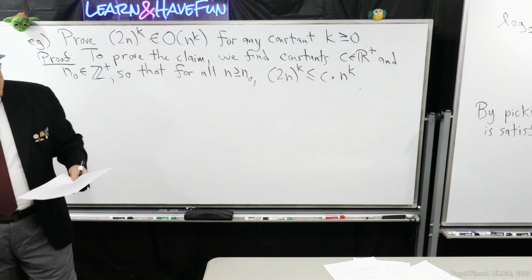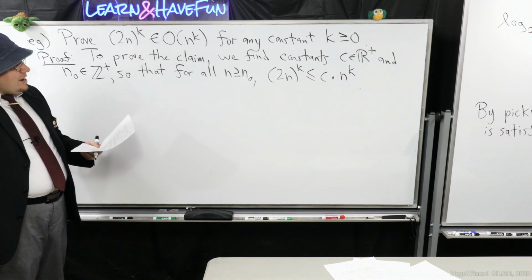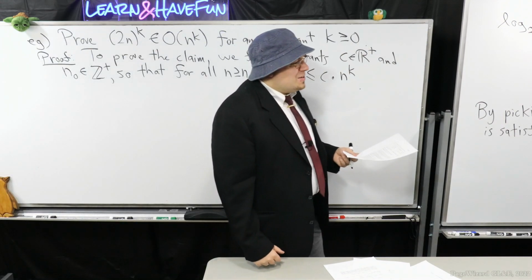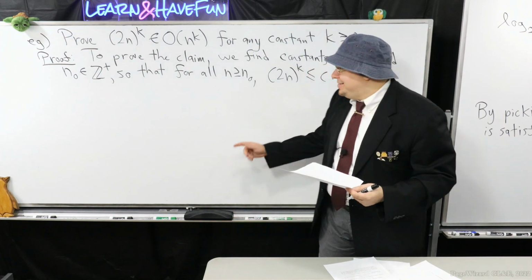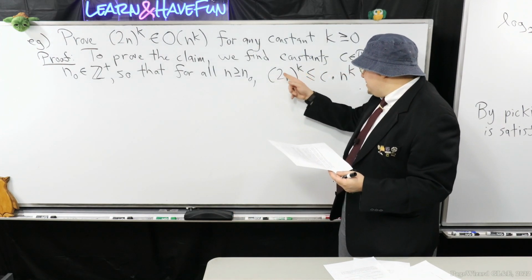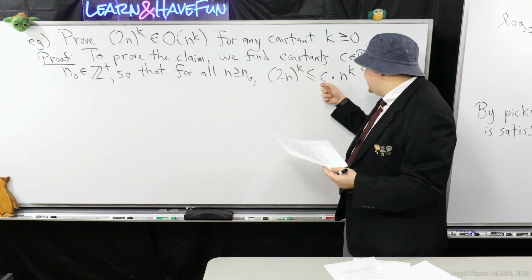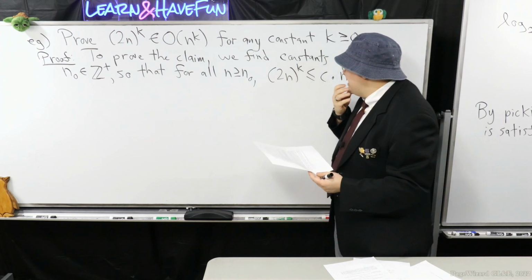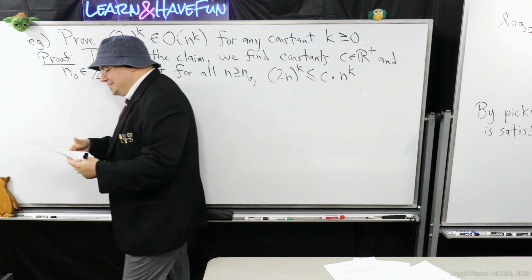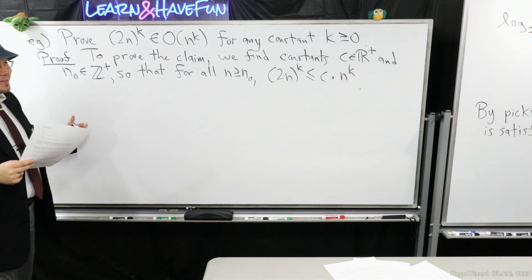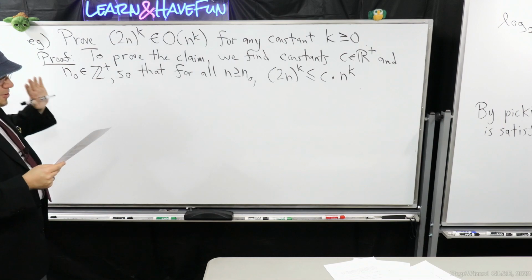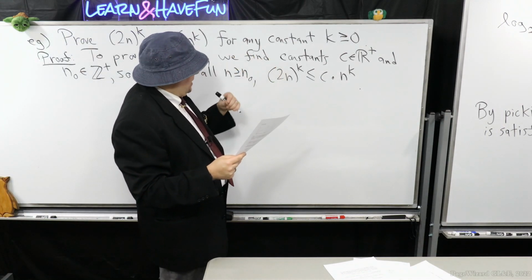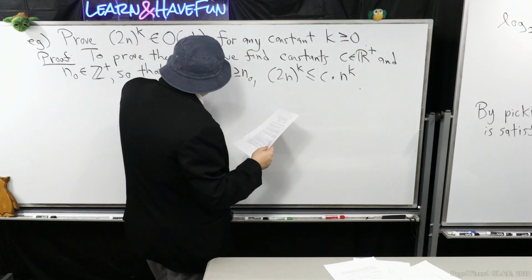Well, what I'm going to do is make a constant, and at first you're going to be like, Dan, what are you going to do to make this work? Because it's 2n together raised to the power of k, and then I have c times n to the power of k. Well, watch this. Sorry, I'm getting very excited about this. I'm going to make a really big constant, okay? Because remember, k can be really big. This is a claim involving any constant k.